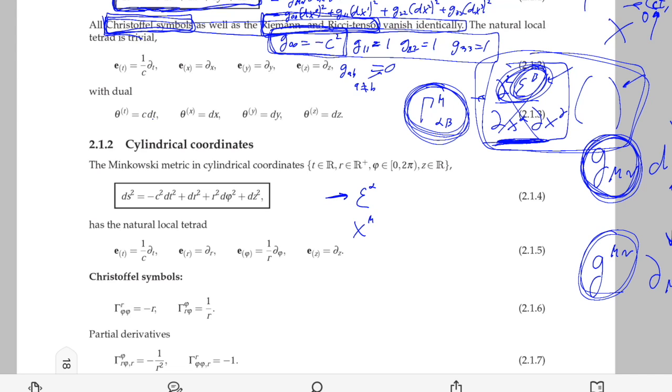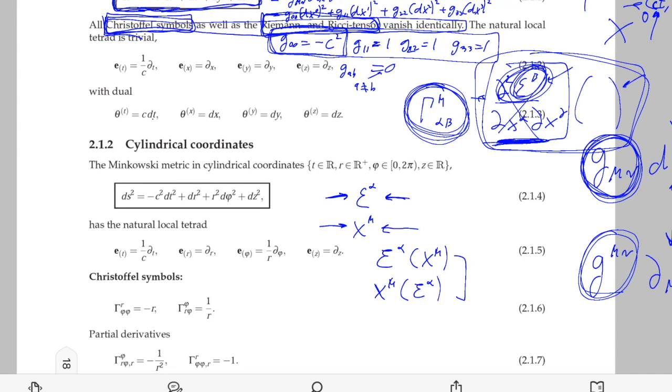So if this is the coordinates of a point in Minkowski space-time in the Cartesian system, and the coordinates of the same point in some curvilinear system, right? We know that we should be able to write the point in the Cartesian system as a function of the coordinates in the curvilinear system, and likewise, take a point in the curvilinear system and find its coordinates if we know the point in the Cartesian system.